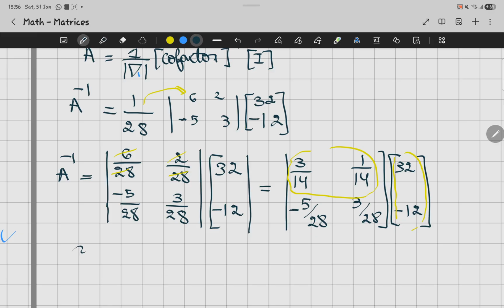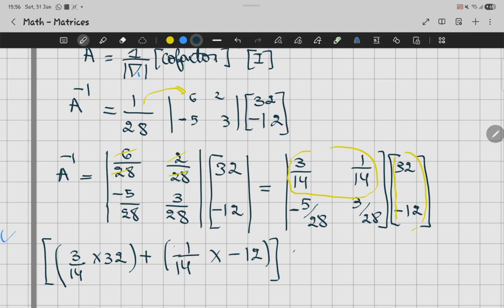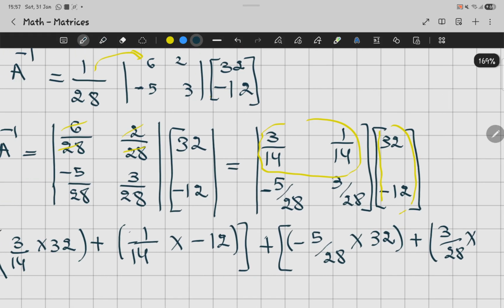It's going to be 3 over 14 times 32 plus 1 over 14 times negative 12, and then for the second row, negative 5 over 28 times 32 plus 3 over 28 times negative 12.